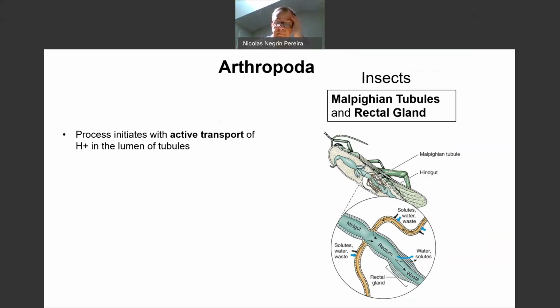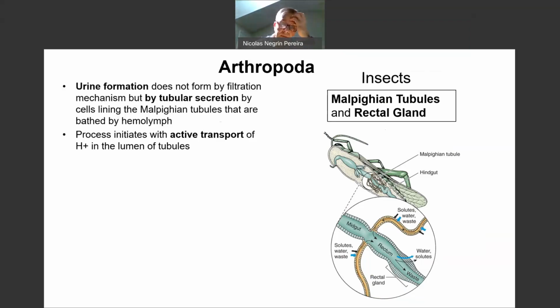And by doing that, these protons will actually draw other ions inside the tubules by osmotic pressure, and that will start forming, we can say, the urine of the animal.